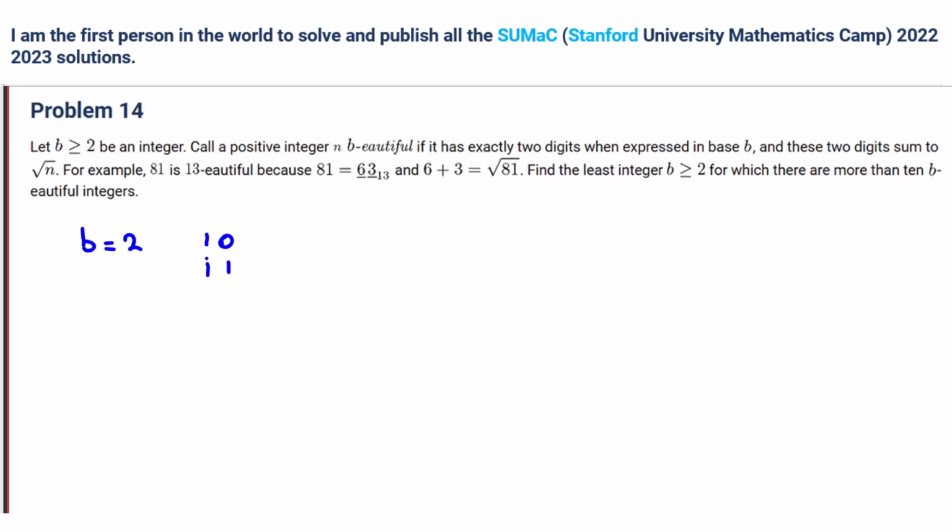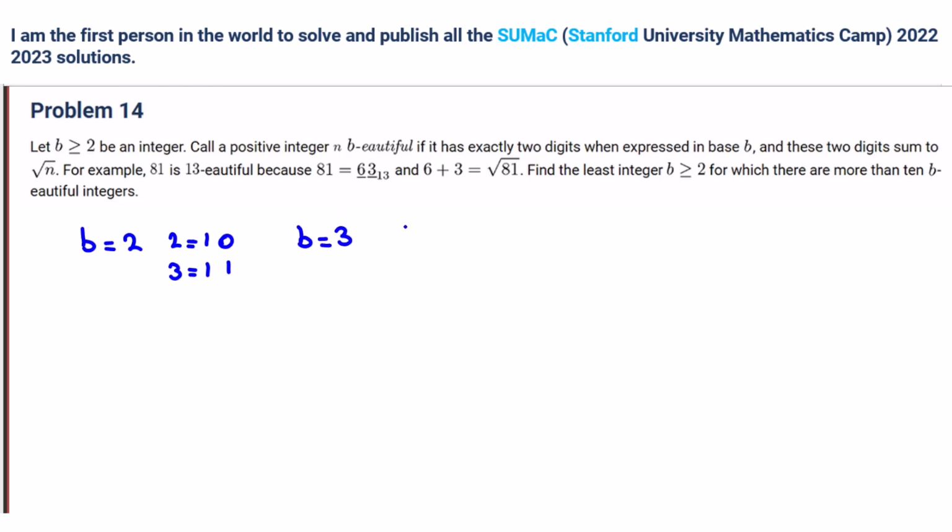So there are no good numbers. So 1 0 in base 2 is 2, right? Yeah. So this one is 2, this one is 3. And we know that the number should be a perfect square, right? So here we don't have any beautiful number. So what about b equals 3?